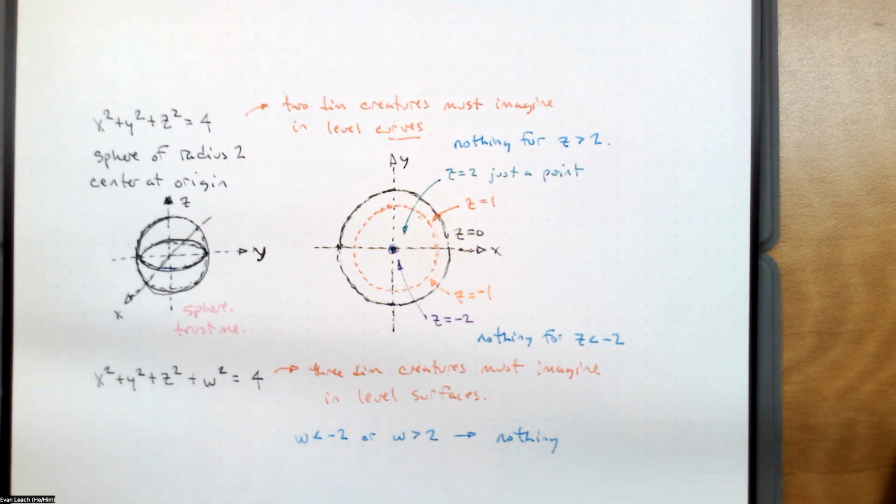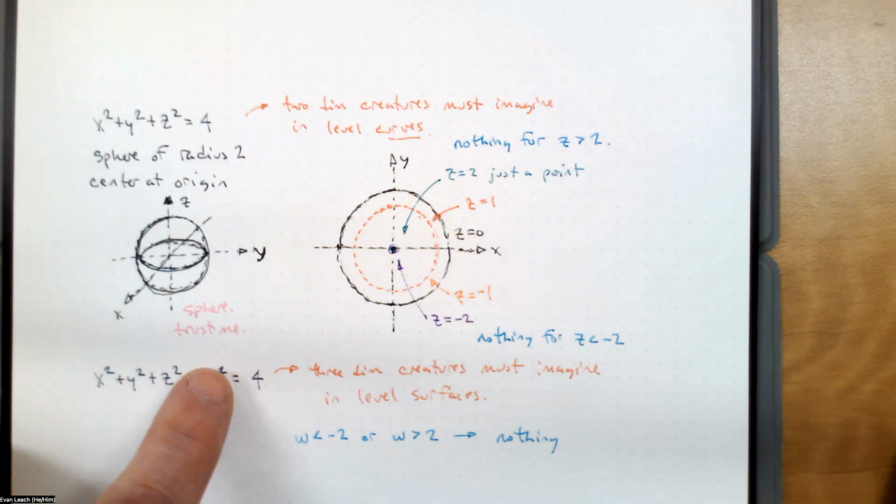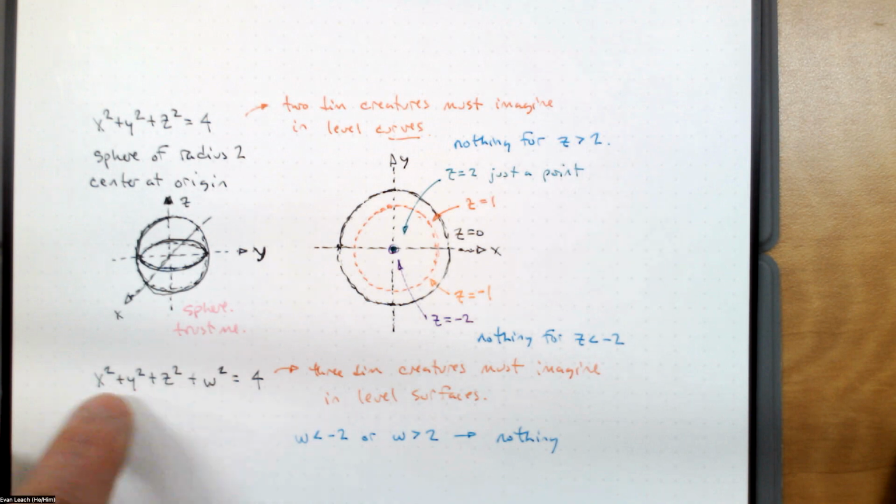When W hits plus or minus 2, what do we see? Just a point, right? Because if W is 2, then X squared plus Y squared plus Z squared has to equal 4 minus 4, which is 0. All of these are positive because they're real numbers, so they all have to be 0. So X, Y, and Z have to be 0.